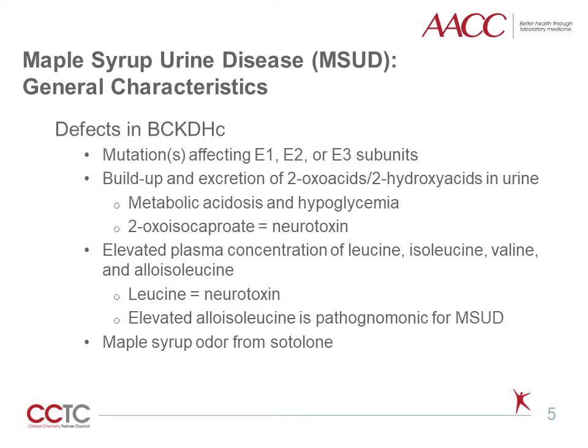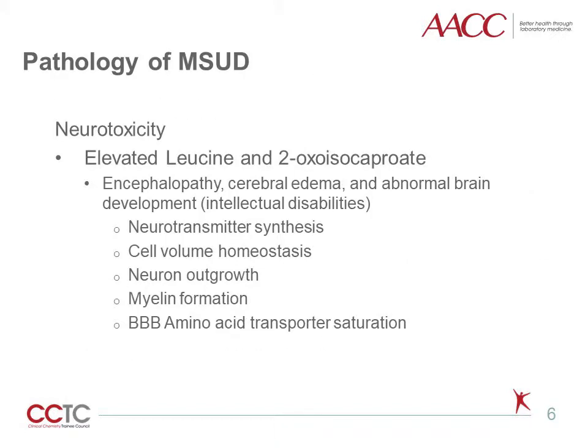Despite the name of the disorder, the smell of burnt sugar is more consistently found in cerumen than in the urine of affected individuals. Maple syrup urine disease is primarily a disease of the central nervous system, which manifests as acute neurotoxic crises and chronic deleterious effects on brain growth and development. Maple syrup urine disease-associated neurotoxicity is caused by different mechanisms related to increased levels of leucine and the 2-oxoacids.